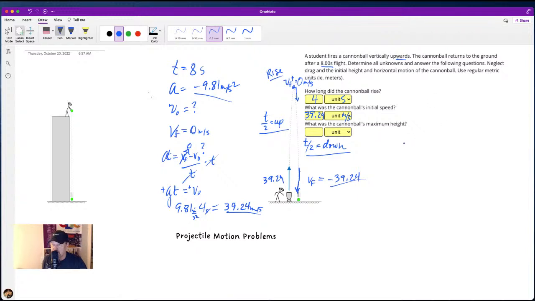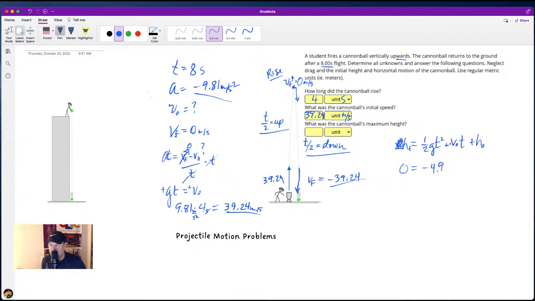That makes this a lot easier. For maximum height, we could say change in height is equal to 1/2 g t squared plus V initial t, plus height initial, and height final is 0. 1/2 g t squared is negative 4.9 t squared.